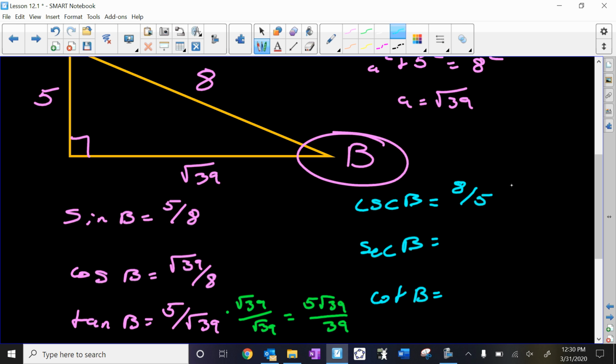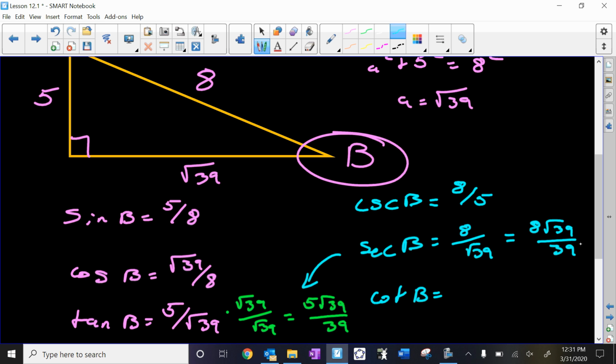Secant now is going to be, instead of adjacent over hypotenuse, hypotenuse over adjacent. So 8 over the square root of 39. Again, I don't want it like that. It goes back to the same idea as what we did down here. Multiplying by square root of 39 over square root of 39. It's going to come out to 8 square root of 39 over 39.